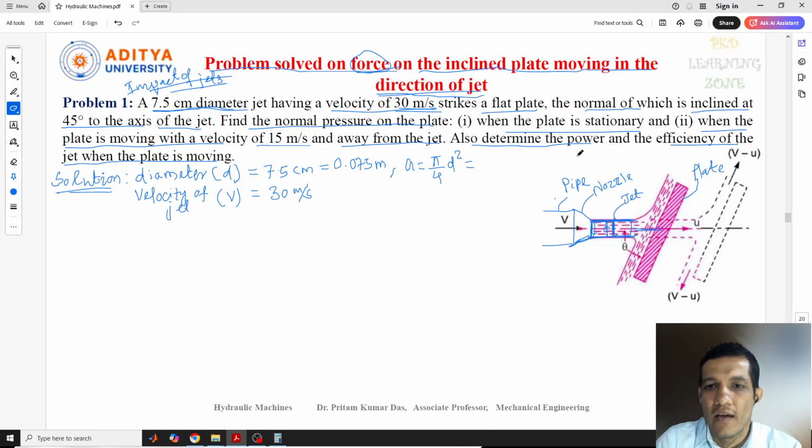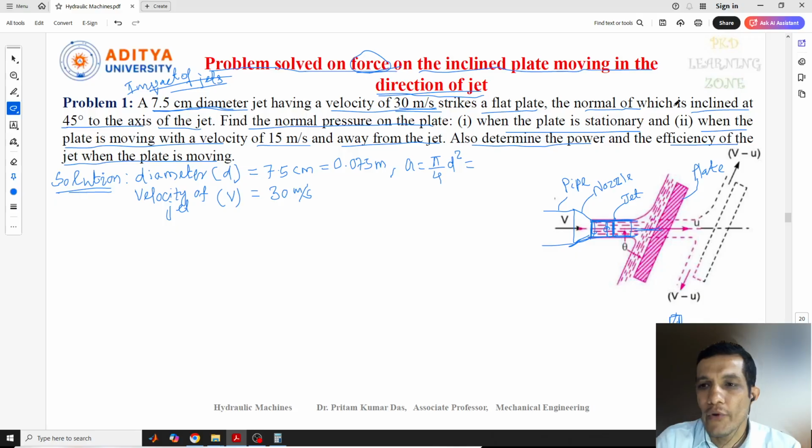Actually this is the inclined plate, not flat. Now we can take the condition of a flat plate. Suppose this is the flat plate in vertical condition. The plate may be inclined or vertical, based on the angle. So this is vertical. Now here I have taken the inclined condition.